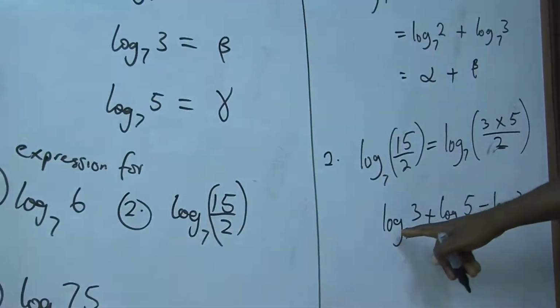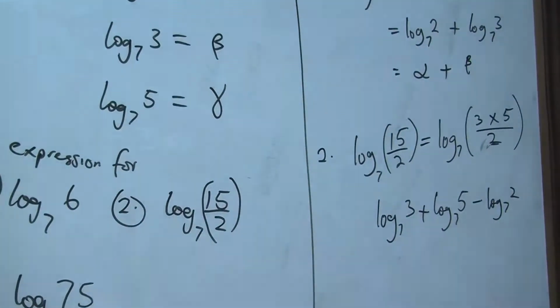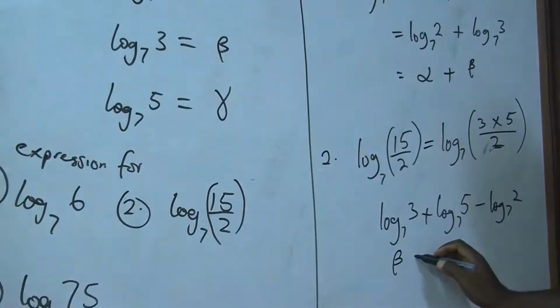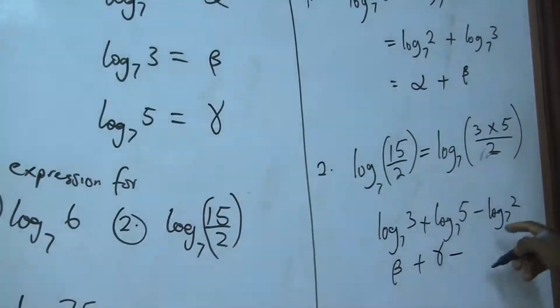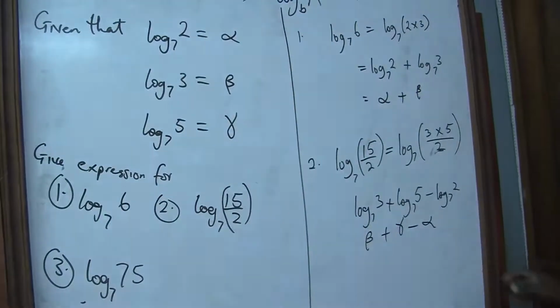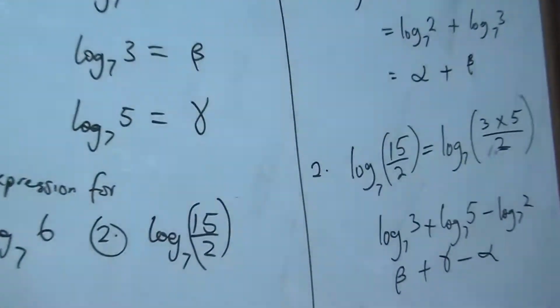An expression has been given for this, and this. What is log 3? Log 3 is beta, plus log 5 is gamma, minus log 2, which is alpha. This is the expression for number 2.